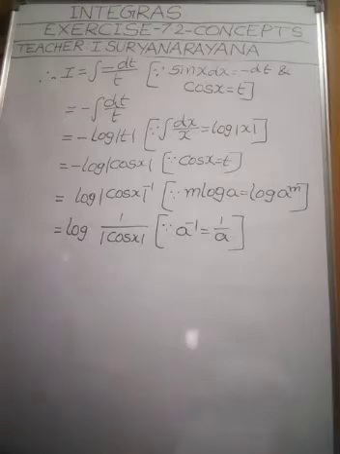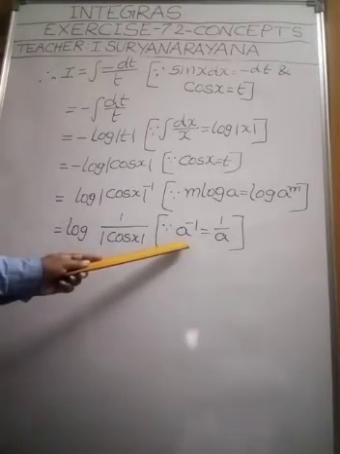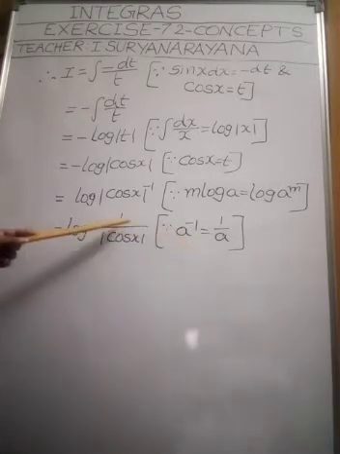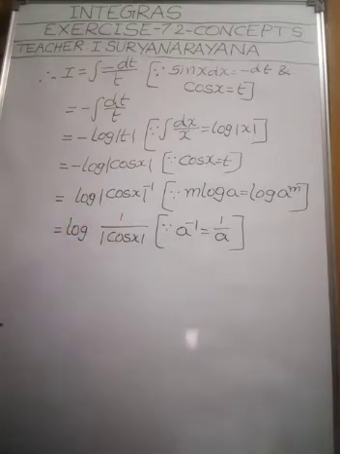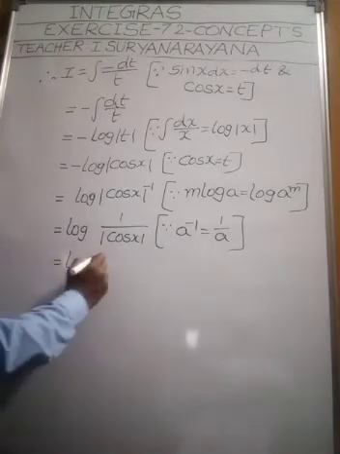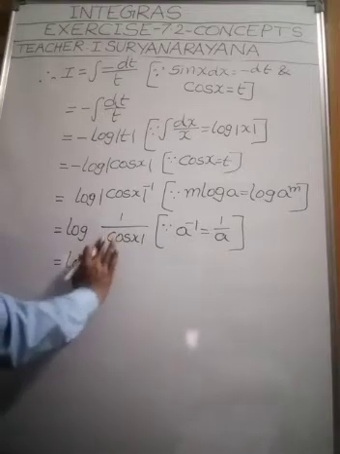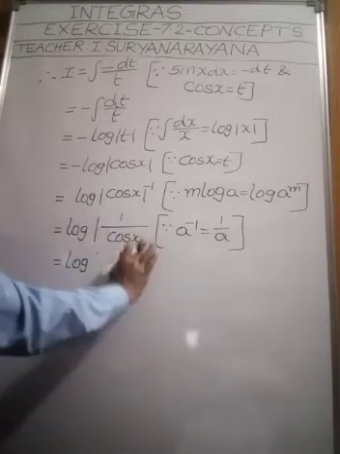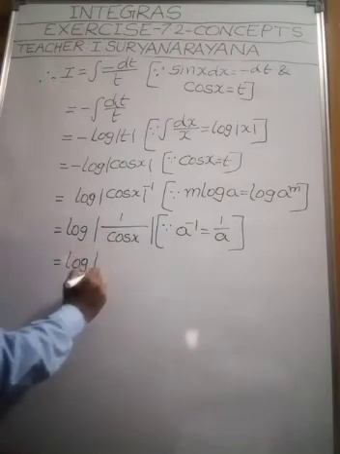Do you remember this law of exponents, my children? By using this law of exponents, we wrote like this. So 1 by cos x, how can you write? Yes, secant x. So log mod secant x.